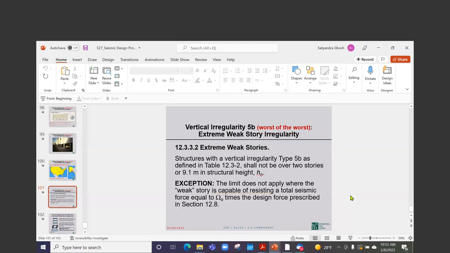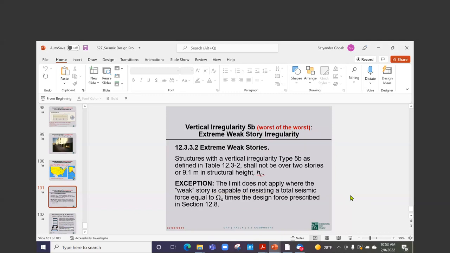If it is a concrete column, then it is the column to foundation connection. We do not design the foundation for the overstrength factor, but the column itself and the column to foundation connection have to be designed. If it is a steel column, then it is the steel column, the base plate, the bolts that go into the concrete, but not the concrete foundation.